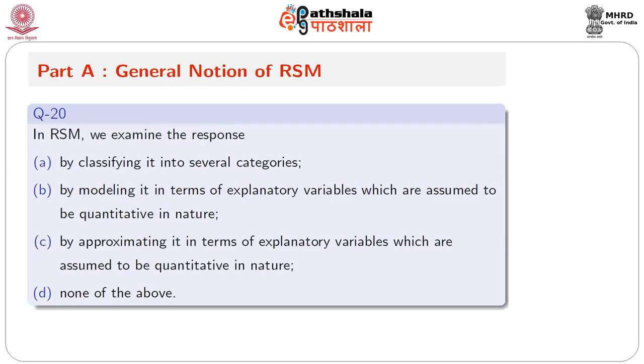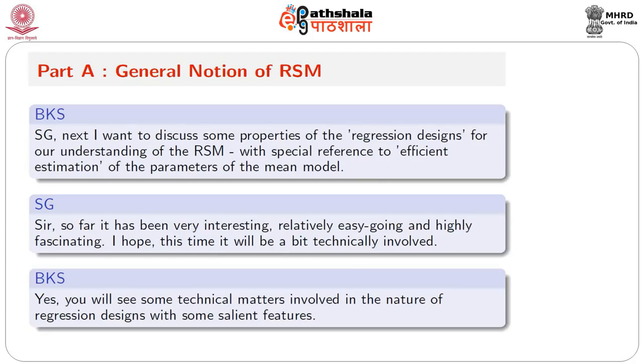We are trying to model the response, or approximate the response, in terms of the explanatory variables. Now, the difference between modeling and approximation: if it is a mathematical entity, we can try to approximate. But if it is an uncertain thing, because of the error creeping in, we try to model. So, more appropriate is modeling rather than approximating. I think with that all the RSM questions are over.